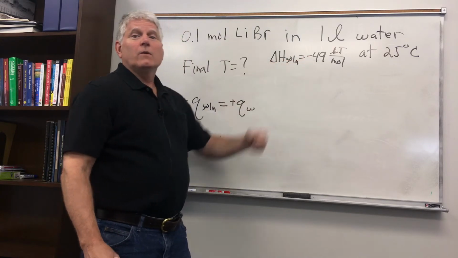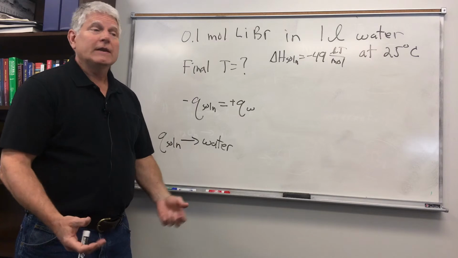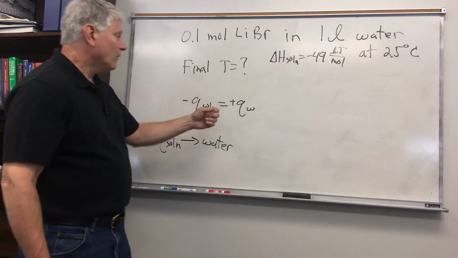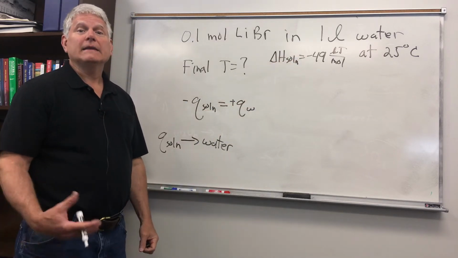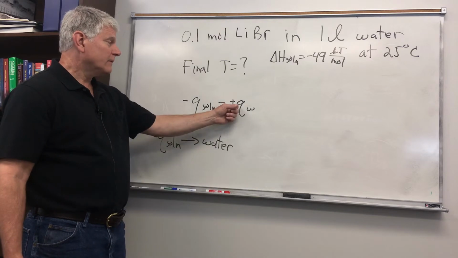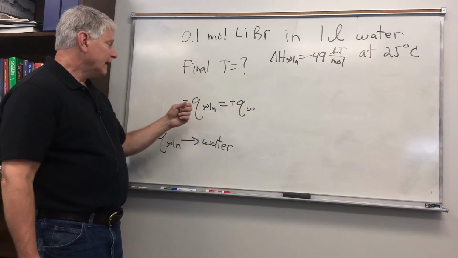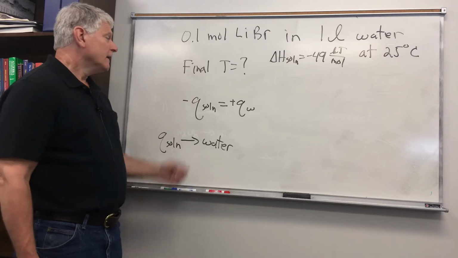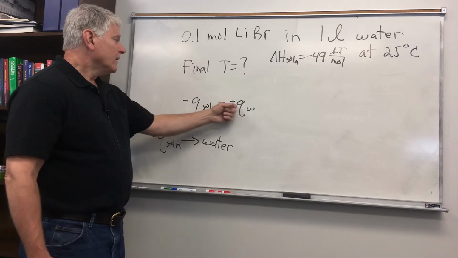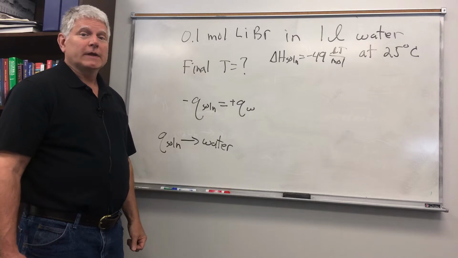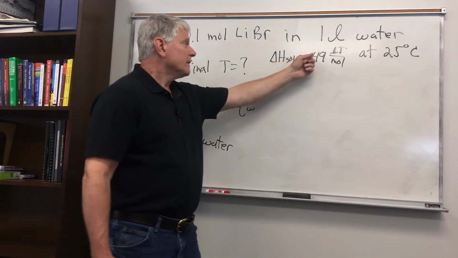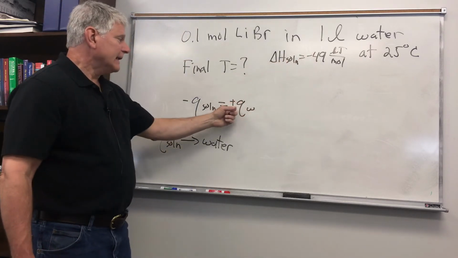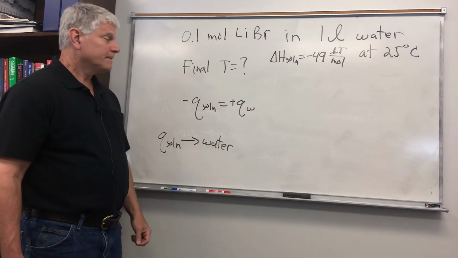When we form the solution, it releases heat and the water will gain the heat. So I use a plus sign for water gaining heat and a negative sign for the solution losing heat. The sign tells me which direction energy is flowing. It's flowing out of the dissolution process and into the water.